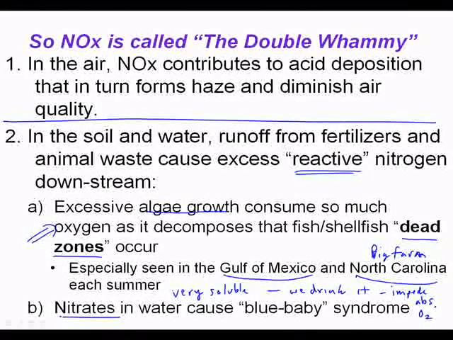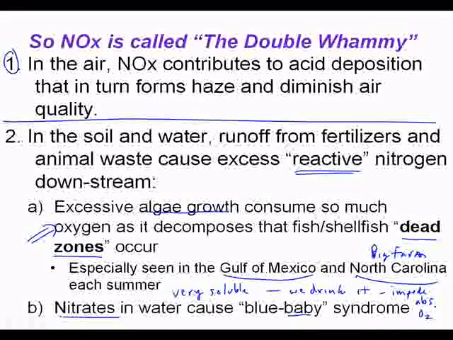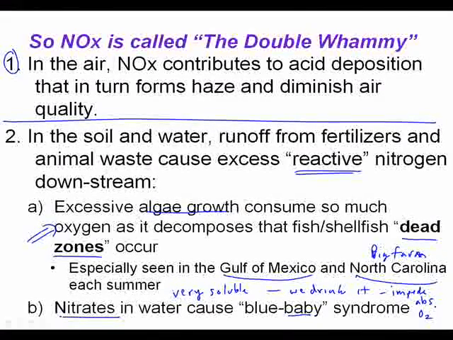So it usually doesn't affect us too much, but babies who are very vulnerable, it can give them blue baby, which means they are also suffering from a reduction in oxygen. Okay, let's go back to number 1, and then NOx also contributes to the acid deposition, that in turn forms haze and diminishes air quality. We've seen this before. This is the new thing I've kind of introduced here.